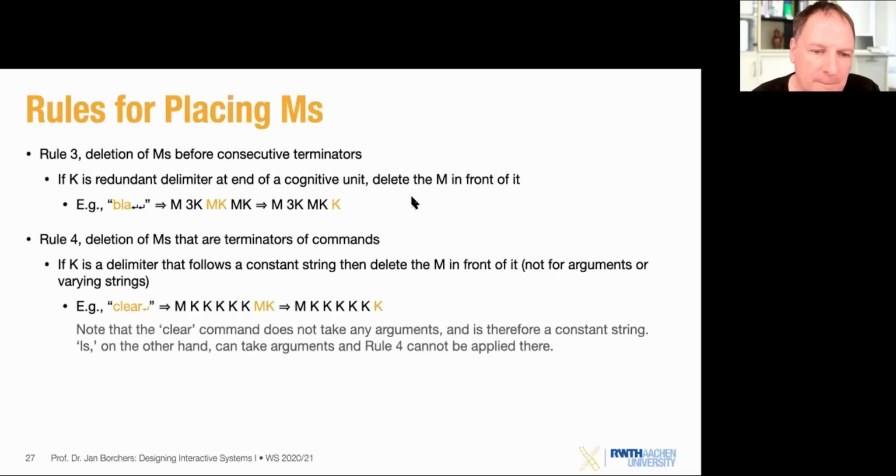Finally, we also delete the M's that are themselves at the terminus of a command. So if the key is a delimiter that follows the constant string, then we also delete the M in front of that. But that is only true for commands, not for variables or things that you only type occasionally.